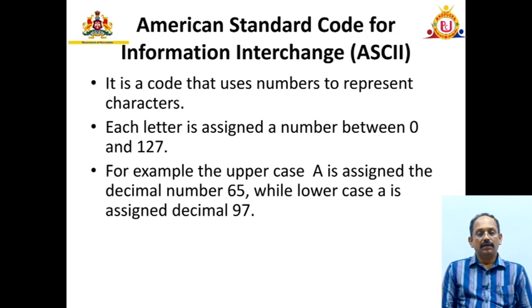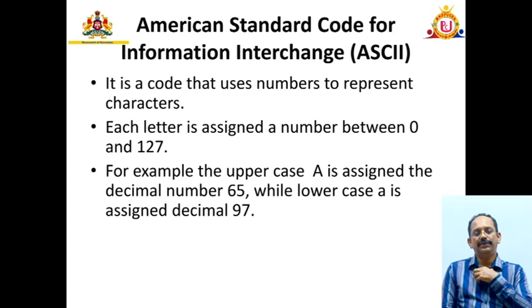So, there are two forms of ASCII. One is 7-bit ASCII and the other is 8-bit ASCII. The 7-bit ASCII can generate 128 combinations or codes, whereas 8-bit ASCII gives 256 codes.